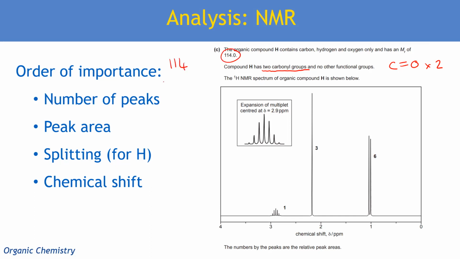So I'm going to take 114. I'm going to minus 32 because that's the mass of 2 O's. That will tell me what my C's and H's add up to, which is 82. You can't join carbons and hydrogens together in absolutely any order that you like or any ratio that you like. There are rules. It's either going to be like CnH2n, or maybe there's like a little bit less hydrogen.